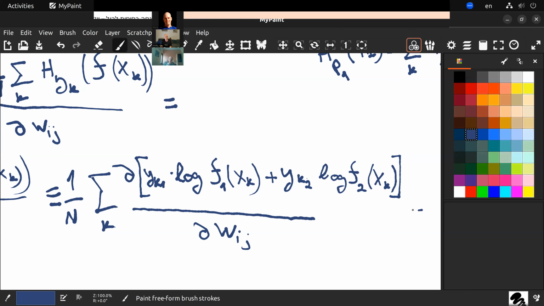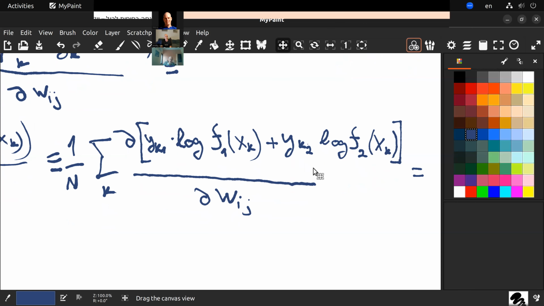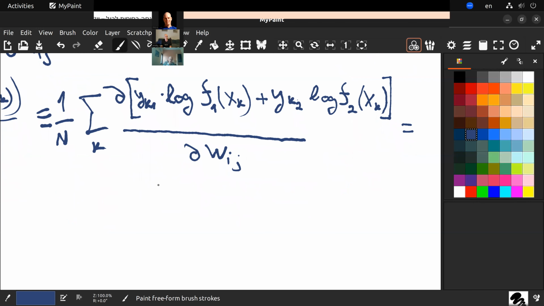Let's define something like an index. Let's call it y tilde k, which will be either 1 or 2.